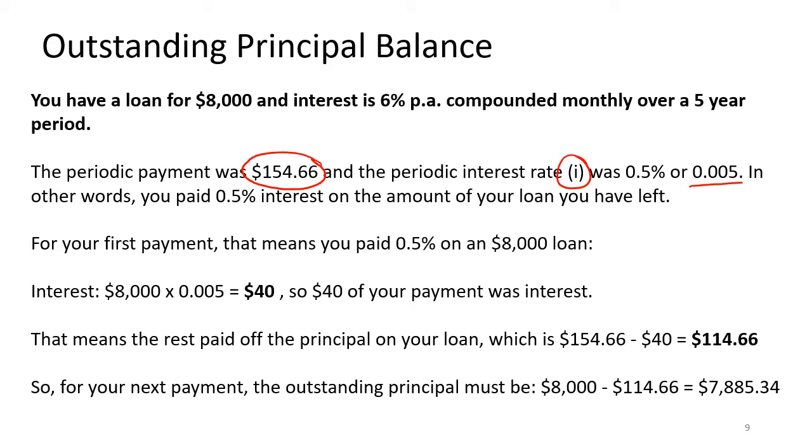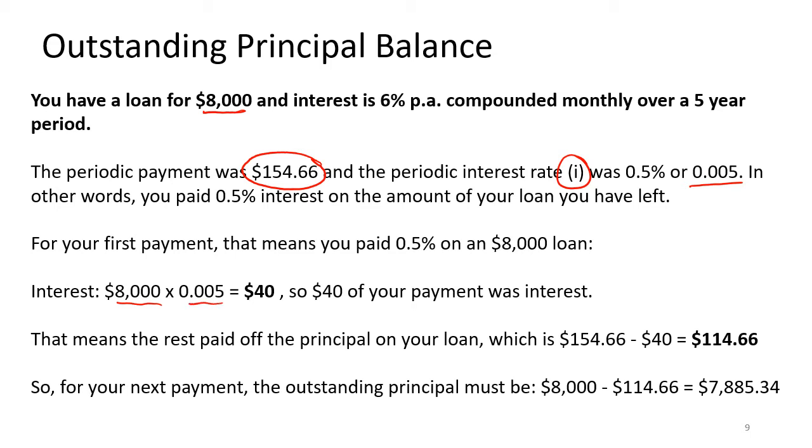So what that meant is that every single period, you're paying 0.005 or 0.5% on whatever amount in your principal you have left, okay? So for your first payment, if you have a loan of $8,000, you're paying $8,000 times your periodic interest rate.